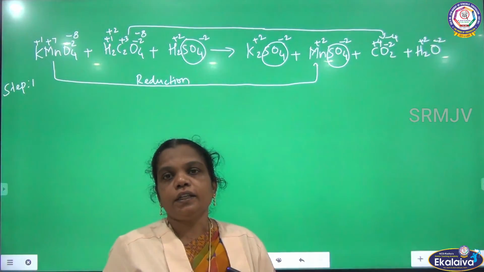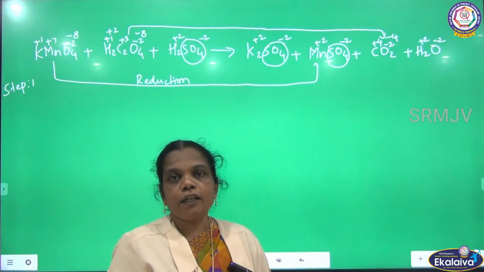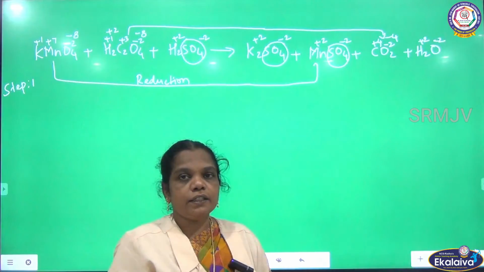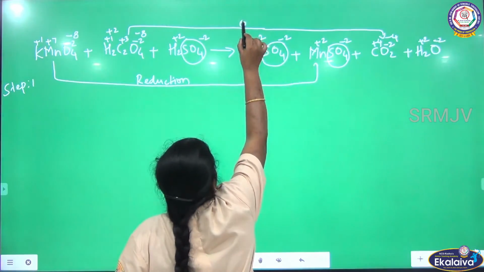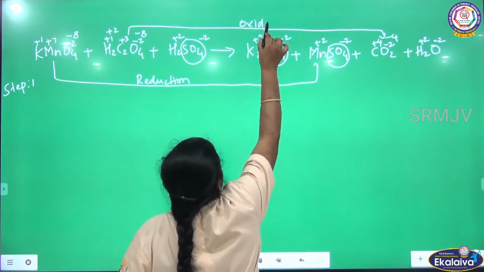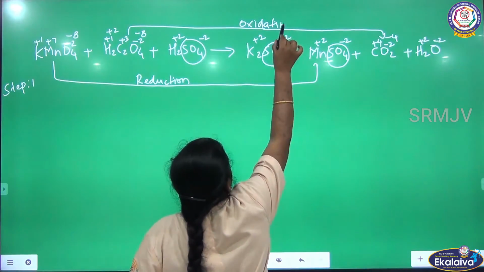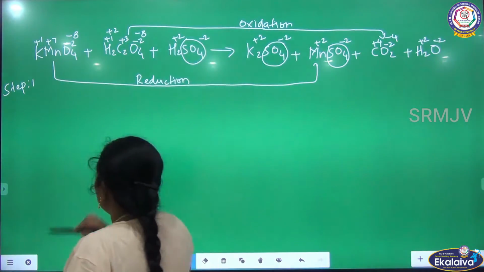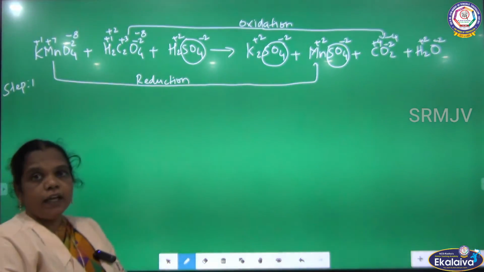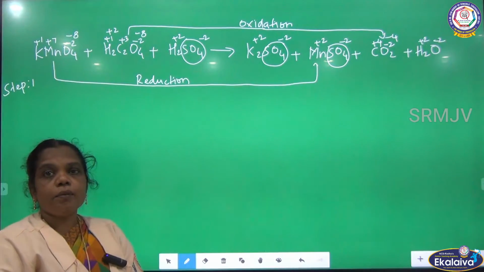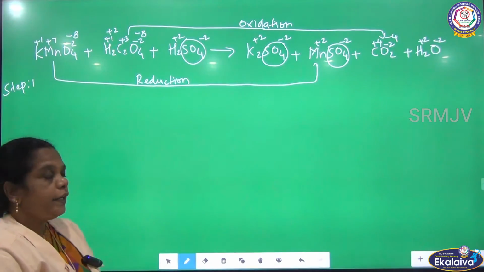Increase in oxidation number means oxidation. So carbon undergoes oxidation. So now how many electrons are involved in oxidation and reduction, and then you have to equalize the number of electrons between the reactions.